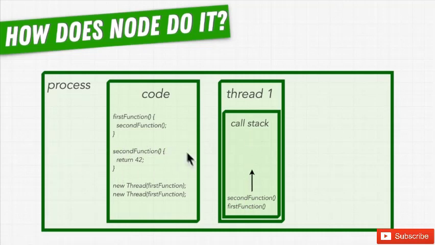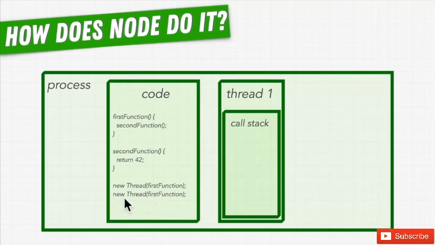Now, when second function returns the value 42, the second function is removed from the top of the stack. The return value is sent back to first function, and the first function is now completed, so it's removed from the top of the stack. Now, that's if we had one thread. But remember, we're creating two threads here.